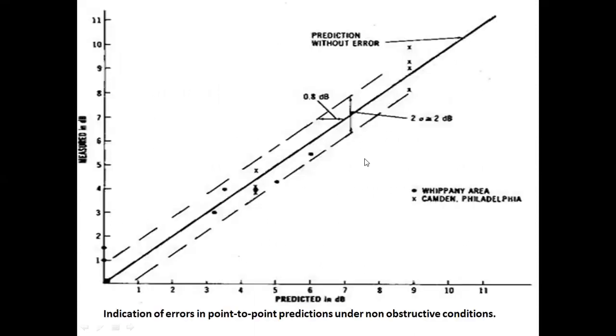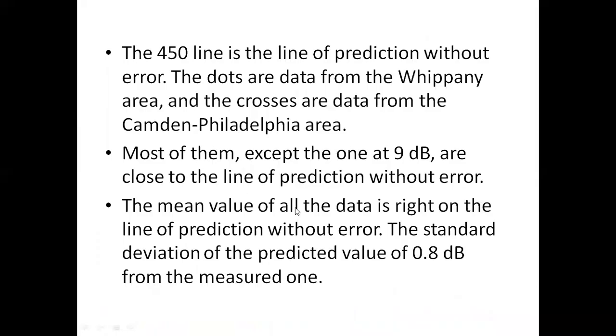If you observe the figure, this is the prediction line. By the use of the point-to-point model, we can predict some value or some energy in that area. Measured values for the Whippany area are these dots, and for the Philadelphia area, the cross marks are the measured ones.